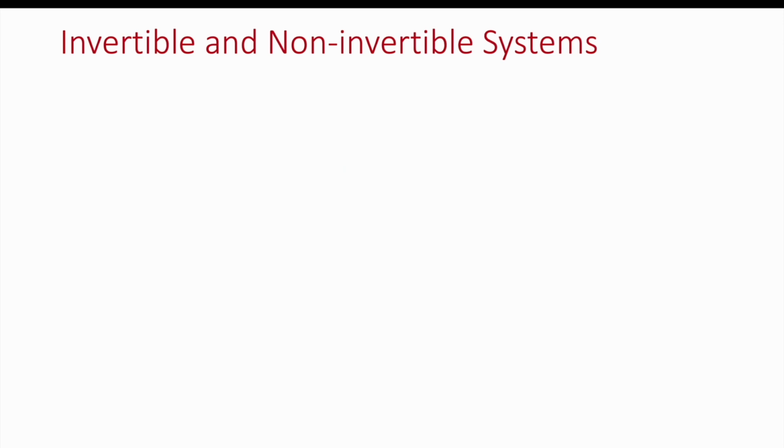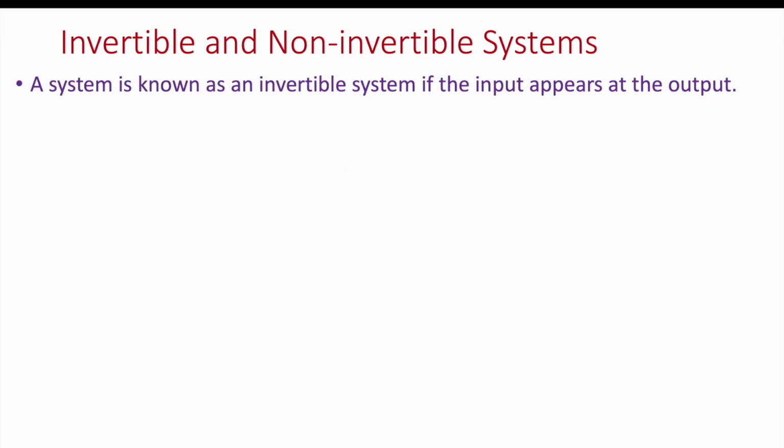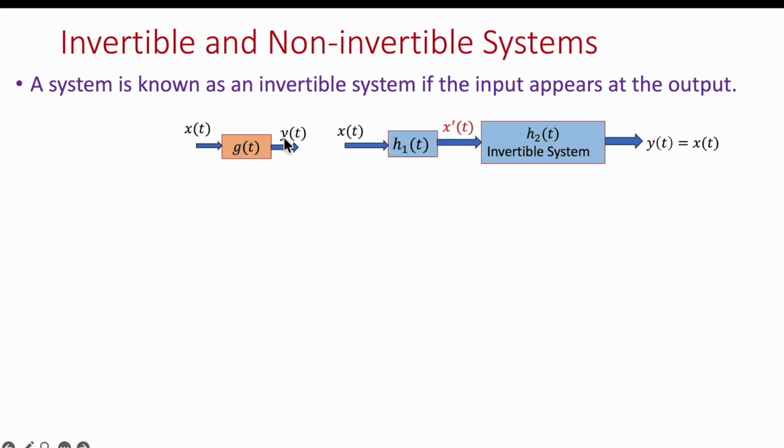The other is the invertible and non-invertible system. A system is known as an invertible system if the input appears at the output. For example, if you have an input and apply the response of the system on that input, you will end up with the output y. If you give the input x(t) to a system with response h1(t), the output is x'(t).